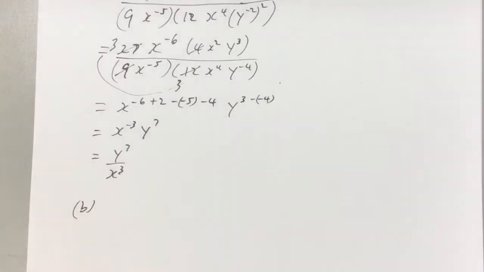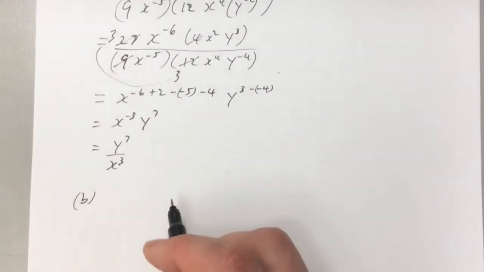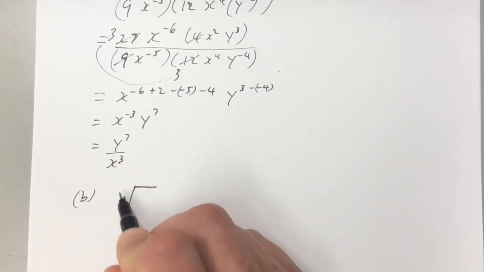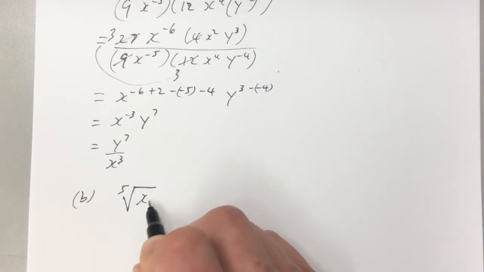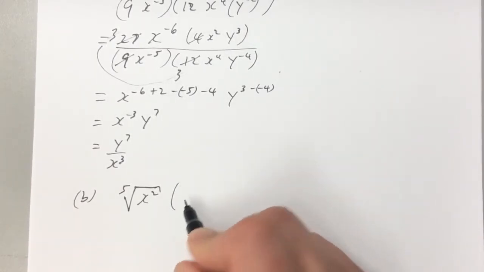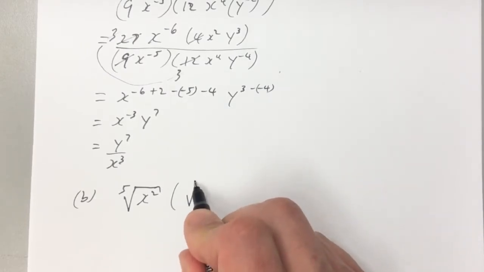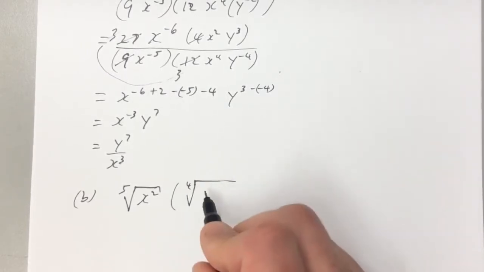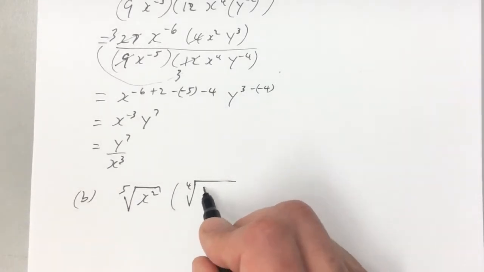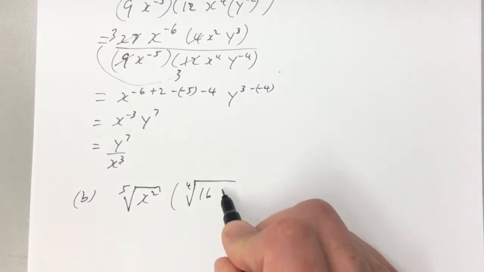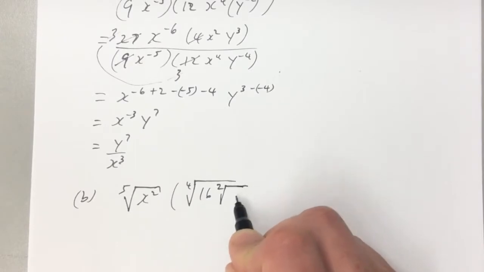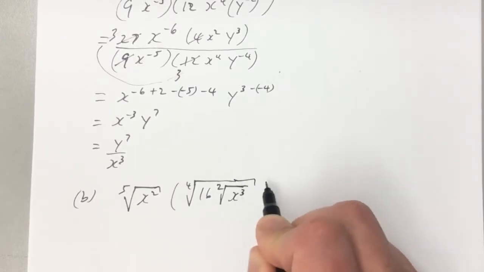Another example. How about this one? Fifth root of x squared times the fourth root of 16 square root of x cubed.